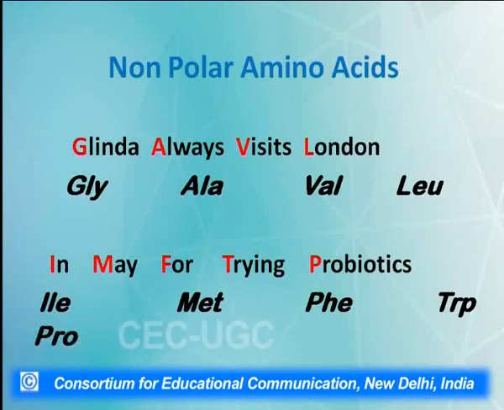For example, G stands for glycine in Glinda, A in always stands for alanine, V in visits stands for valine, L in London stands for leucine, I in in stands for isoleucine, M for methionine, F for phenylalanine, Try for tryptophan, and P for proline. So by remembering the sentence, Glinda always visits London in May for trying probiotics, we can remember the non-polar amino acids.